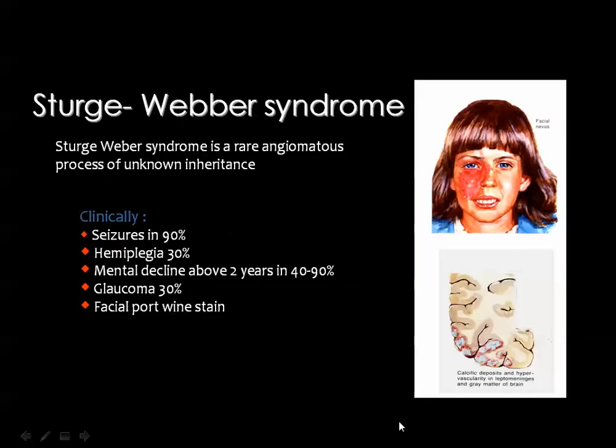Then we came to the gyral pattern of calcification, which is seen in Sturge-Weber syndrome. Sturge-Weber syndrome is also one of the neurocutaneous diseases, and clinically, it commonly presents with seizures, sometimes hemiplegia, mental deterioration, glaucoma, and a facial port wine stain may also be seen in the patients.